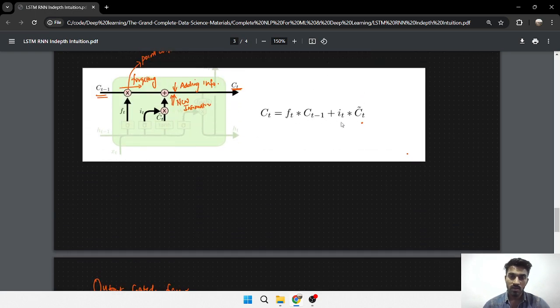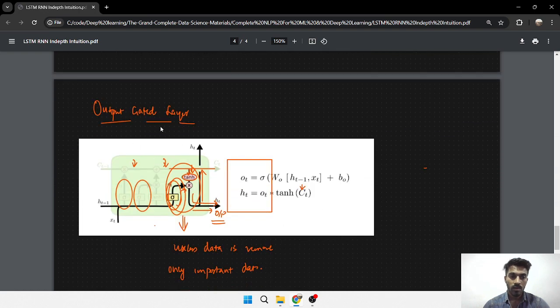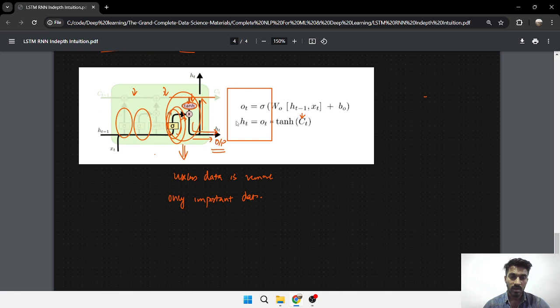Here you can see f_t cross c_{t-1}: a pointwise multiplication is done between f_t and c_{t-1}, and plus this information, which is i_t cross c_t. Both outputs of this layer will be passed to the next layer.